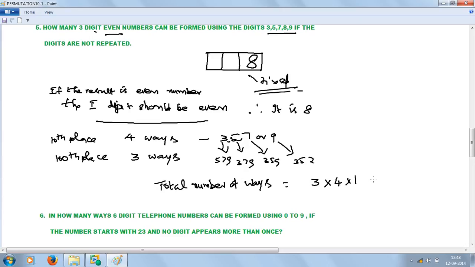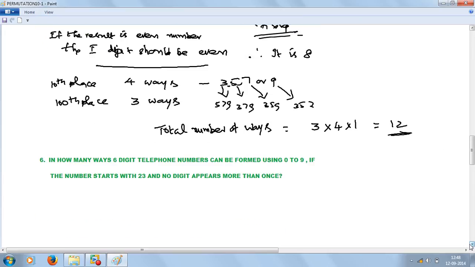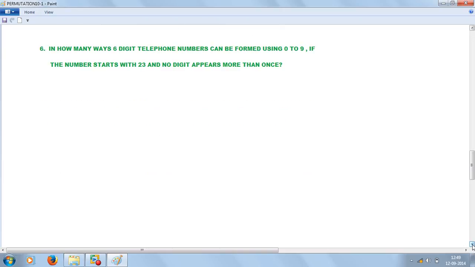This is fixed, 1 is fixed. So it is 12 ways we can write. You please try to write actually and check in one or two cases so that the concept will be easy to follow. Depending upon the problem, we should understand what is the clue that is given in the problem. We will try one more problem now.